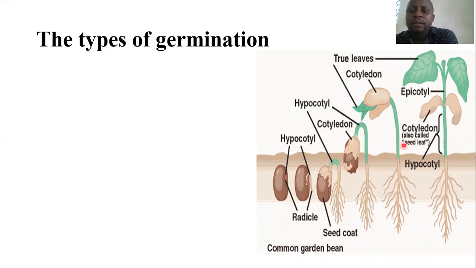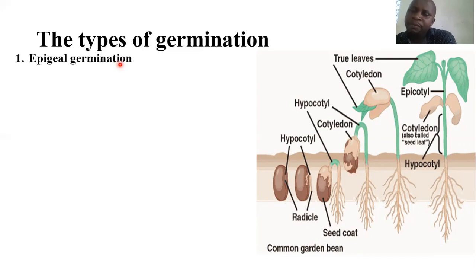So this type of germination is very common in many dicotyledonous plants. This type of germination, because the seed coat comes above the ground, is called the epigynous germination. So this is epigynous germination.